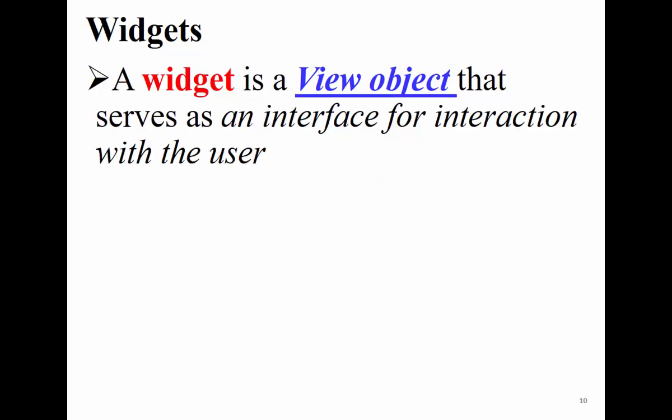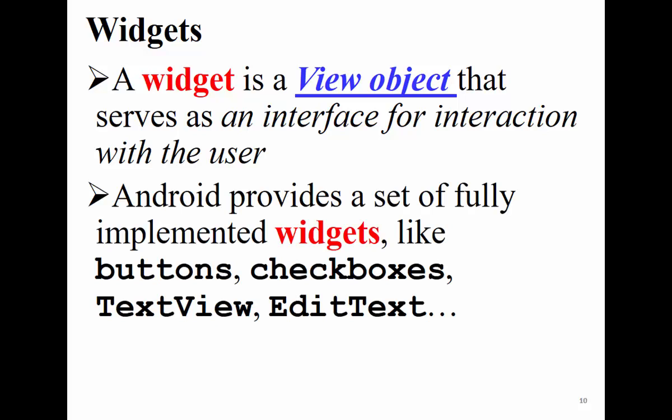If you go inside, you need to build an app, you need a widget. The widget, you can think about it as a view object. Today we're going to see how Java creates objects. So you think about a widget as any user interface item that you add. You have buttons, you have checkboxes, you have text views, and you have edit text.